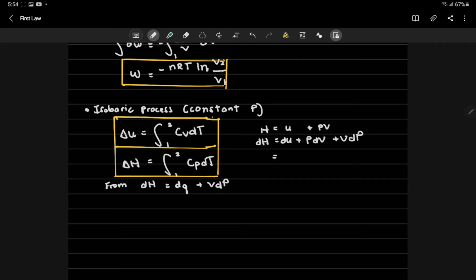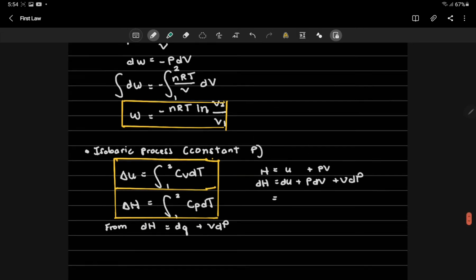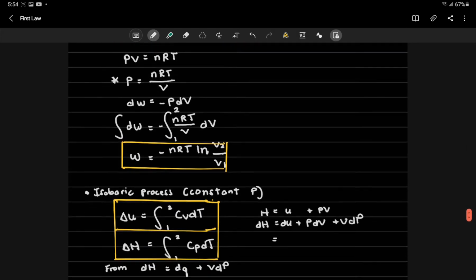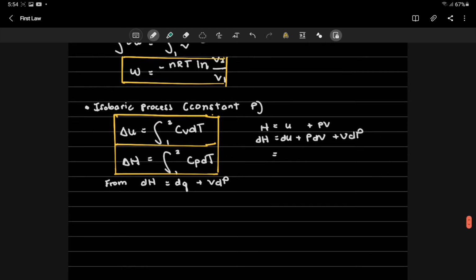But dU is dQ plus dW. So, plus PdV plus VdP. But dW is minus PdV.